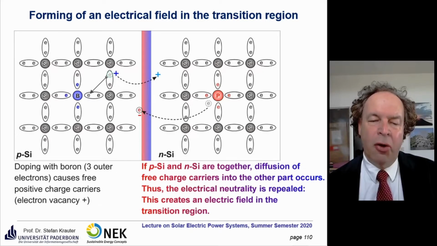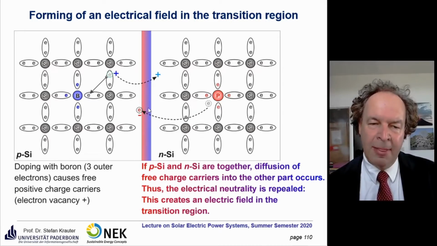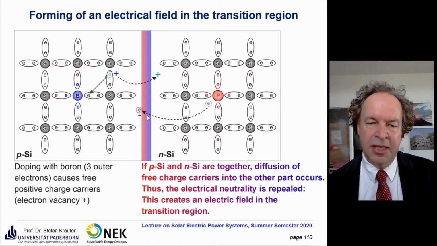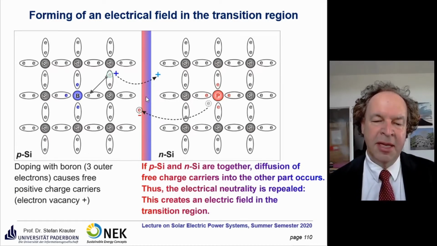At the end, the originally neutral part, because as I've mentioned, we have 5 outer electrons and 5 positive charges here, now has this electron moving over, so this part gets negatively charged and this positively charged. So we have an internal electrical field inside the crystal, and this is essential to form our solar cell. This is the PN junction, because this is able to separate the different electron flows and the electrons liberated by the photons, as I indicated in the beginning.